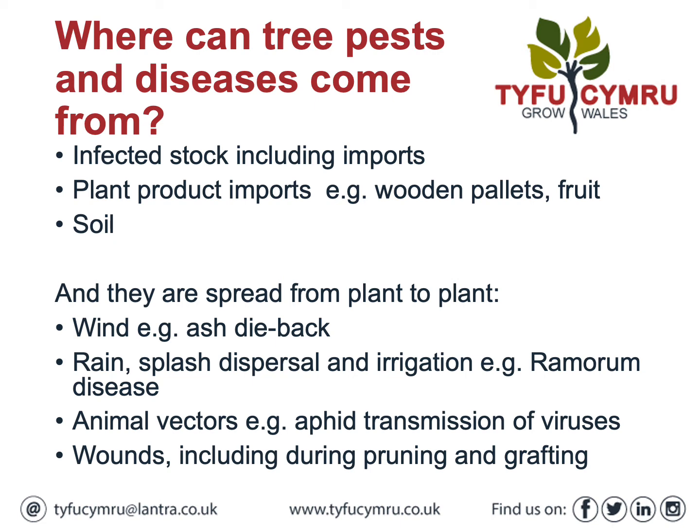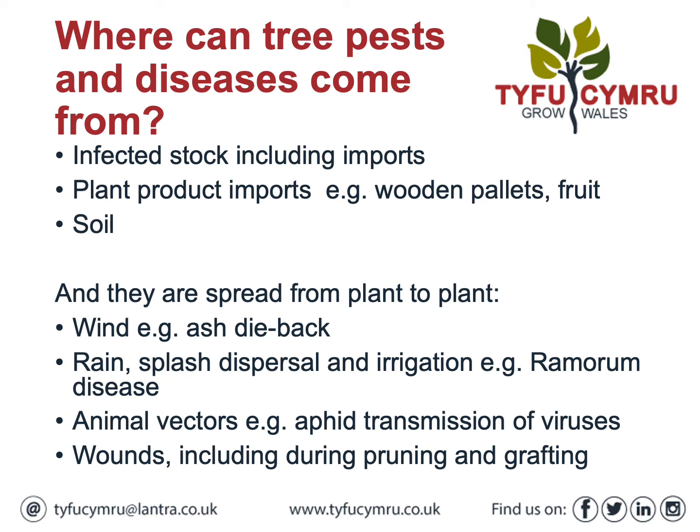And then once they're into a plant and into a situation where they can be spread, they may be spread by wind, and this is a mechanism that's used by the fungus which produces ash dieback, or it might be by rain, so spread in water droplets and splashed, or in irrigation water. And it's been found that Phytophthora ramorum disease of larch increases in times of wet weather.